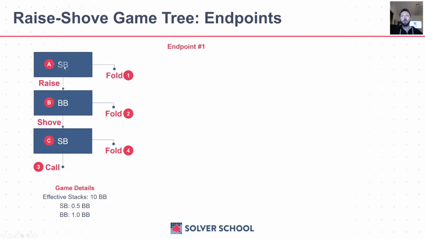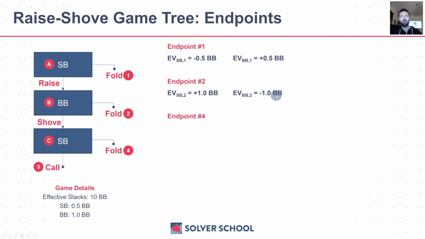Endpoint 1: the small blind folds, and just like in our first example, the small blind is going to lose 0.5 big blinds and the big blind is going to win 0.5 big blinds. At endpoint number 2, the small blind raises to 2 bigs and the big blind folds. So at this point, the small blind is going to win 1 big blind and the big blind is going to lose 1 big blind.